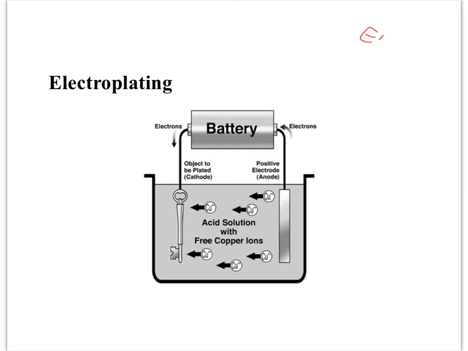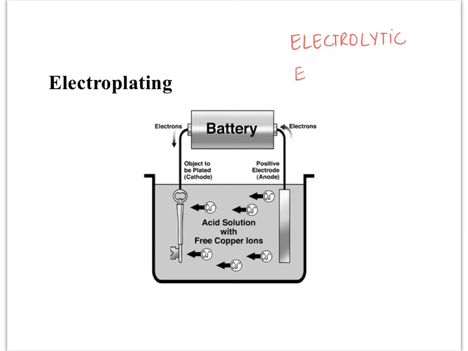This word, electrolytic. Oh, if I could spell, that would be a bonus. Let me just do a little word dissection with you. Electrolytic. It has the word electrolyte, right?